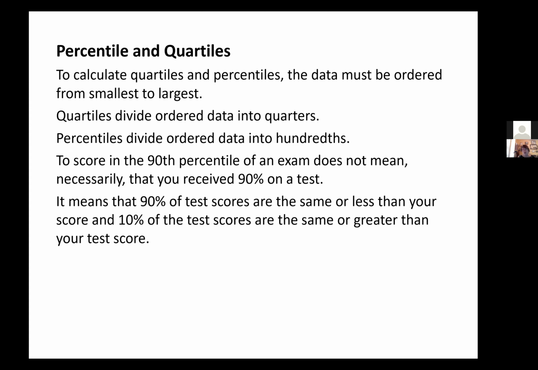So it just shows you where you rank in terms of all the other people who took the test. And this is a frequent way that we describe standardized tests, that you scored in the 90th percentile or the 95th percentile or whatever.